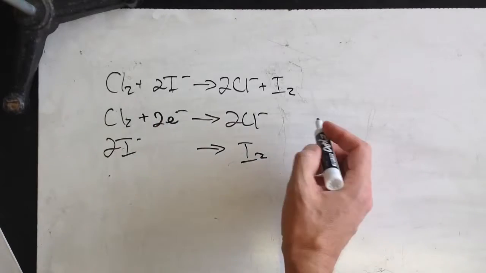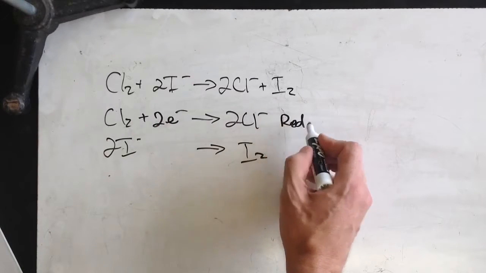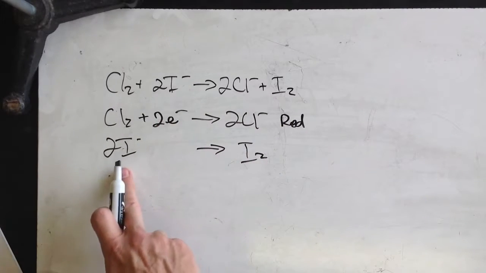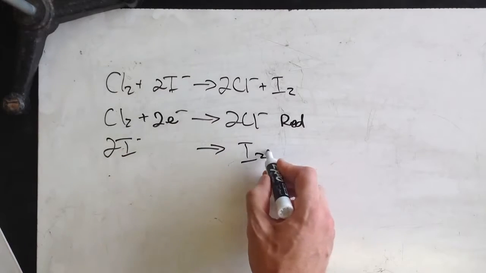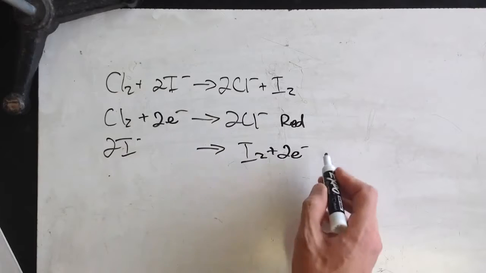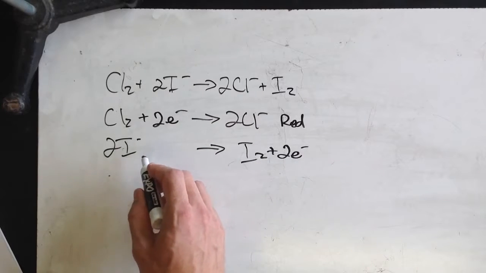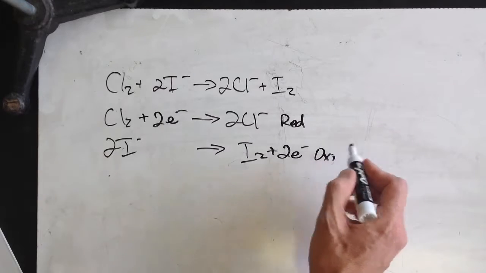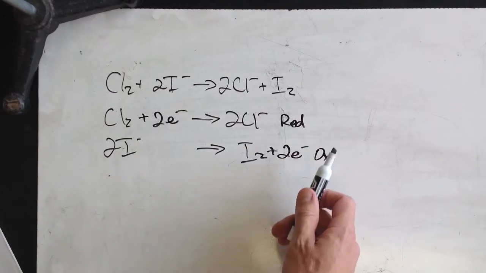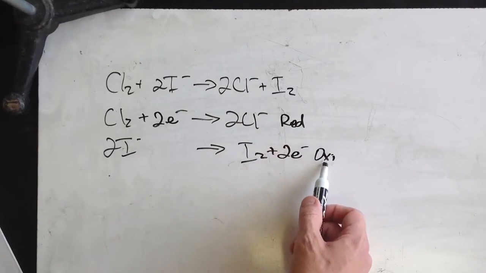If we're gaining electrons, we know that that is reduction. 2 iodide ions, so we've got a negative 2 charge on the left side, so we have to add 2 electrons here, and that means we're losing electrons, so that is obviously going to be oxidation. Leo the lion says grr, gain of electrons is reduction, loss of electrons is oxidation.